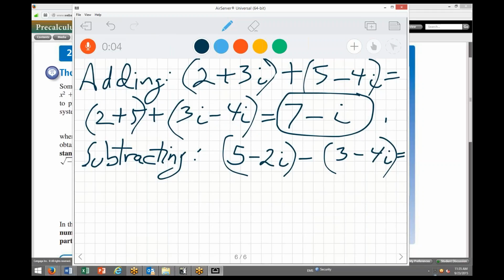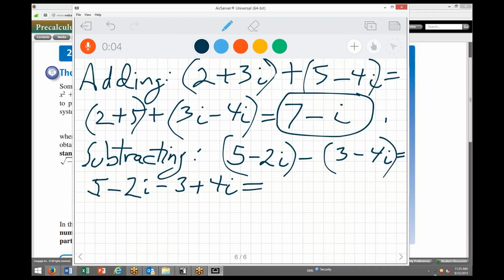Okay, so 5 minus 2i, that complex number, and then subtract from that 3 minus 4i. Well, we're going to do the real parts. Let's just drop the parentheses here. It becomes 5 minus 2i, and just as we would do in ordinary algebra, the minus sign in front of the parentheses, 3 minus 4i, we apply that minus sign to the 3 and to the negative 4i, so it becomes minus 3 minus negative 4i, which becomes plus 4i, and now we just combine our like terms.